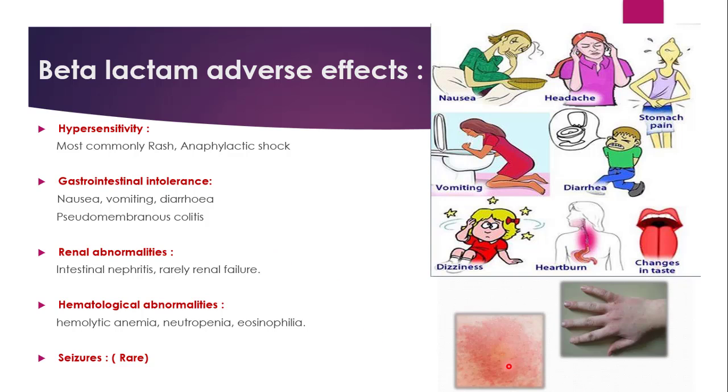Then renal abnormalities can also be there, renal failure can also be there. Then hemolytic abnormalities such as hemolytic anemia can also be there, neutropenia, eosinophilia, etc. These are common symptoms shown in the picture. The major ones with beta-lactams are rash and anaphylactic shock.